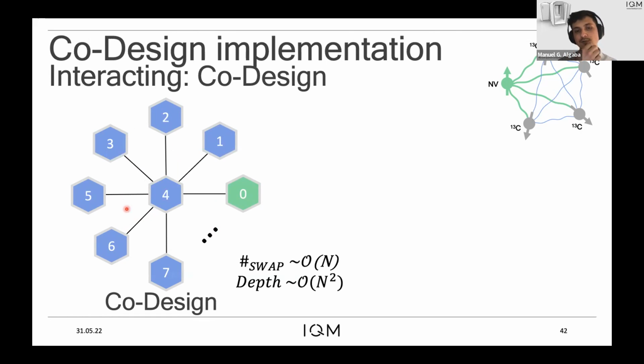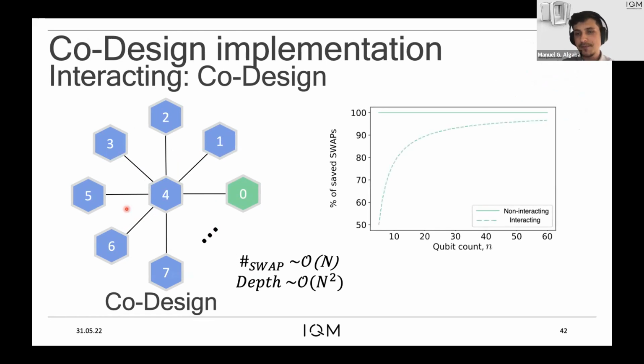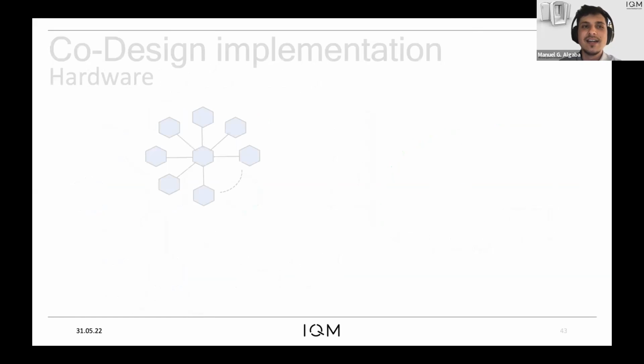So we have decreased the number of swaps, but there is a price to pay in the depth. So if we take a look now on the percentage of saved swaps, we can see that for the non-interacting case, we are saving up to 100% of the swaps, of course, but still for the interacting case, we can save up to 90% of the swaps with 20 qubits, and this keeps growing asymptotically, so it's nice, even though you are paying the depth price.